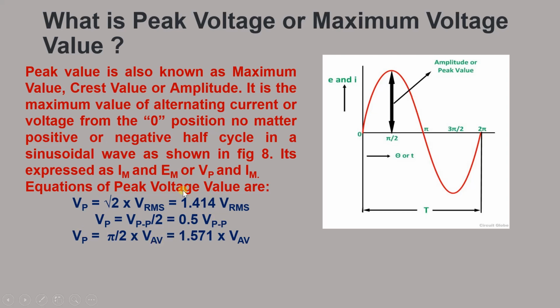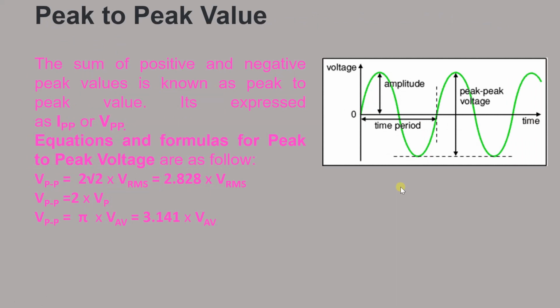This is in terms of the RMS value, and this equation is in terms of the average value, and this shows it in terms of peak to peak value. Peak to peak value means from this value to this value, from the maximum positive half cycle to the maximum negative half cycle. Here we have the definition of peak to peak value.